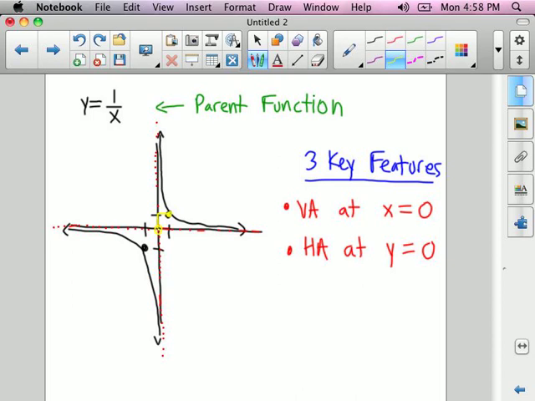Notice I had a 1 right here. There are other ways of doing these graphs, but this is a nice little trick that's going to be kind of helpful. If I backtrack and I go down 1, left 1, I also land on the graph. That's going to come out to be very big and very helpful in graphing slightly tougher examples. So what I'm going to write here is that our up 1 over 1 trick works.